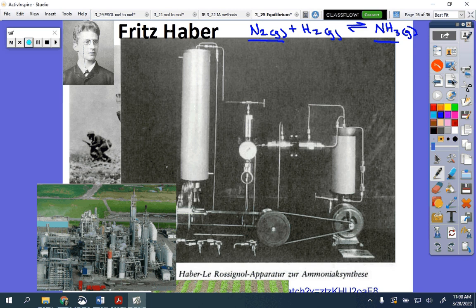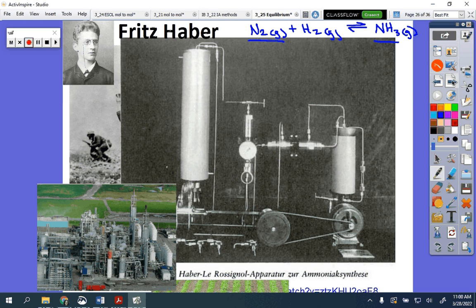But what he figured out was that because the reaction to produce ammonia involves a bunch of gases, he could selectively remove some of the gases from the reaction mixture, and he was able to shift the equilibrium towards the products.